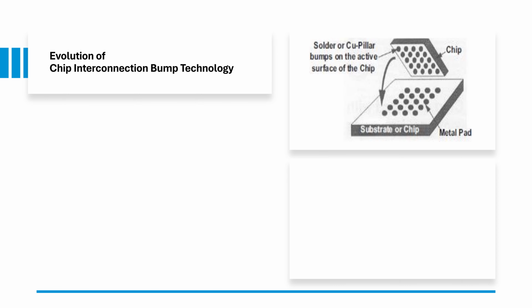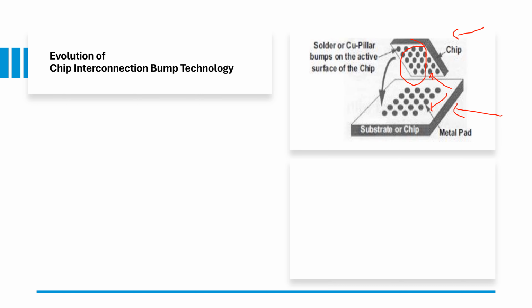These are small conductive structures on the surface of the chip or substrate, here or here, that enable electrical connections between the two. They can be made of various materials, including solder, copper, and other metals.